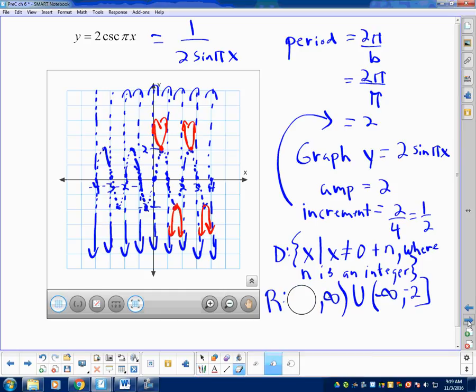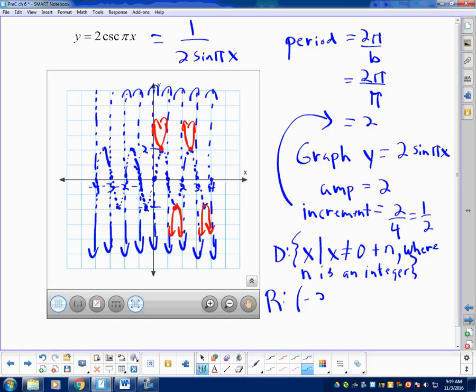Usually we write the smaller one on the left, but it's fine. So it goes negative infinity up to -2 union 2 to infinity. So we're just describing the range.